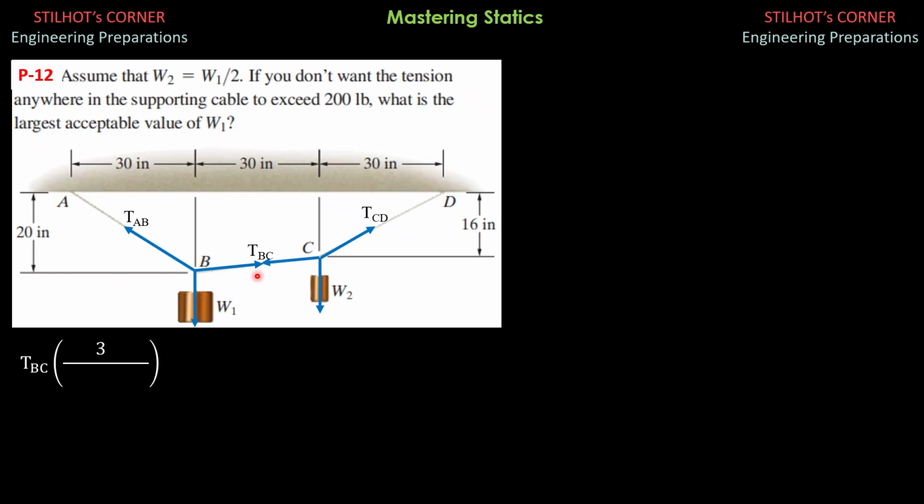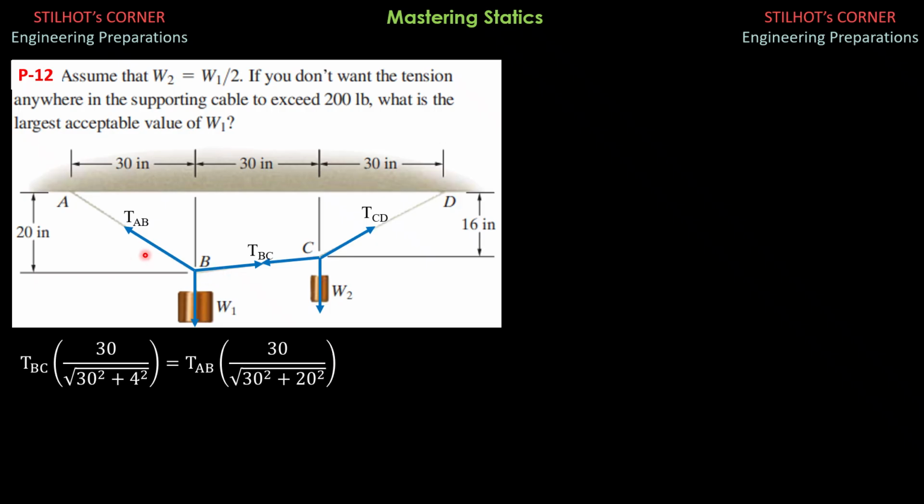So tension BC times 30 over square root of 30 squared plus 4 squared equals tension AB times 30 over square root of 30 squared plus 20 squared. The horizontal component of tension BC must equal the horizontal component of tension AB, and this is it.